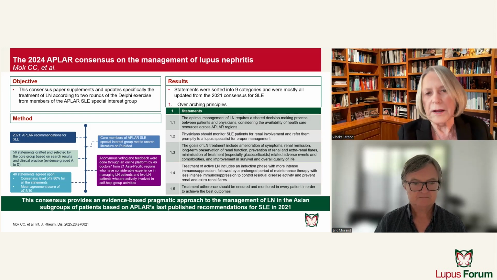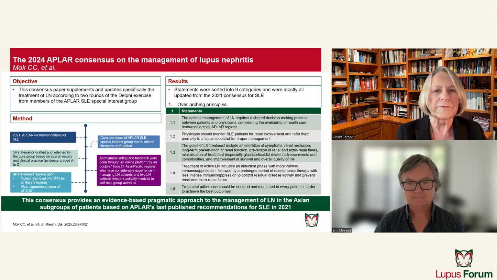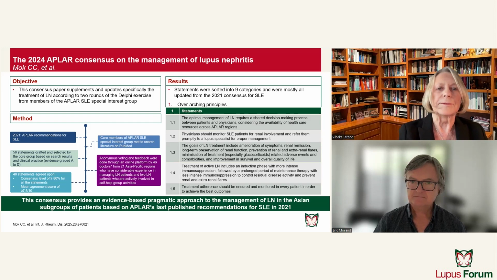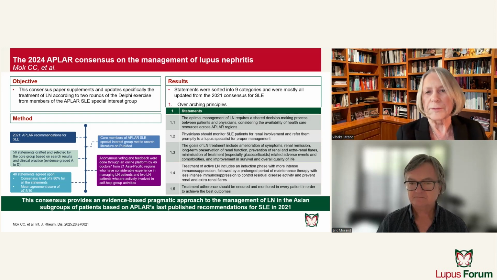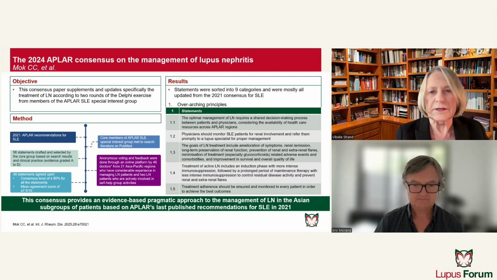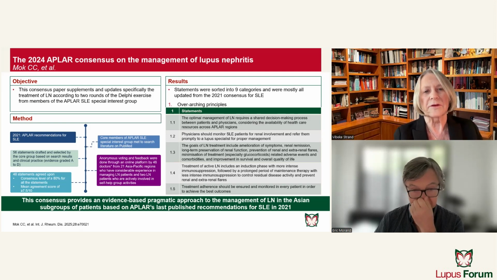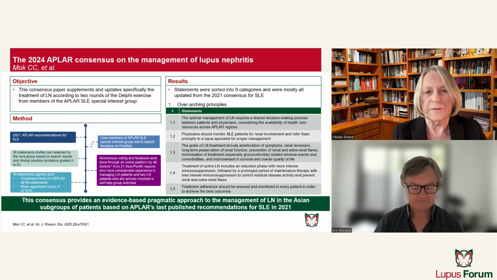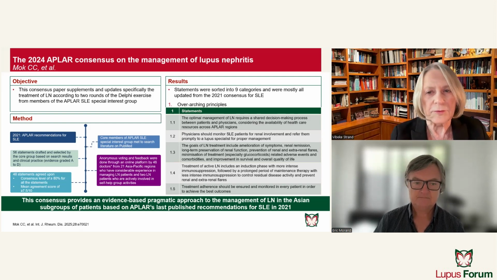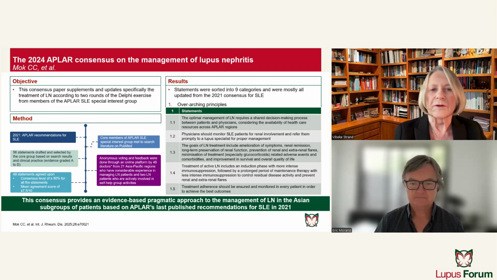Physicians should monitor their lupus patients for renal involvement and refer them promptly to a specialist for proper management, and continue to monitor lupus nephritis very carefully and closely. And this is a long-term goal of all of us, trying to prevent renal and extrarenal flares and minimizing treatment failures, etc.